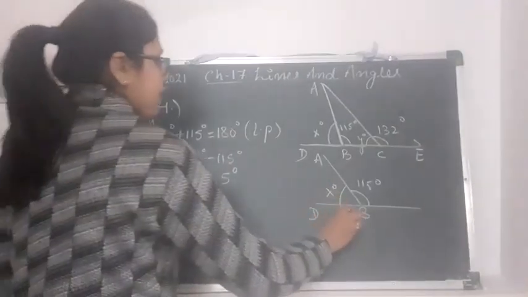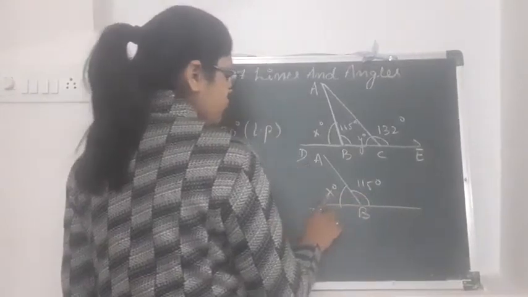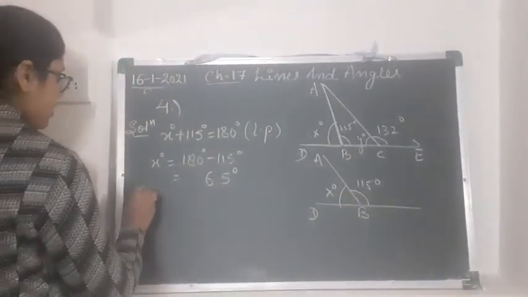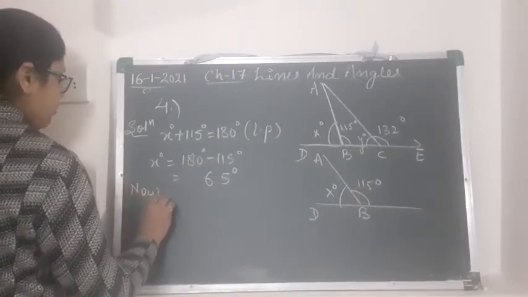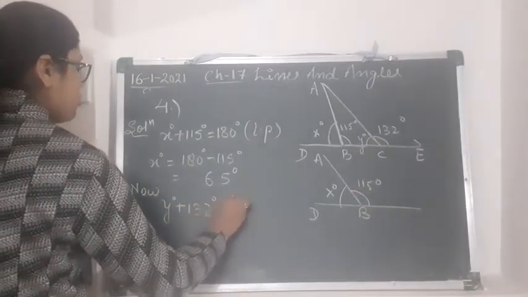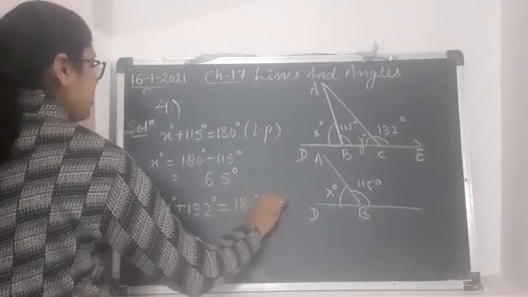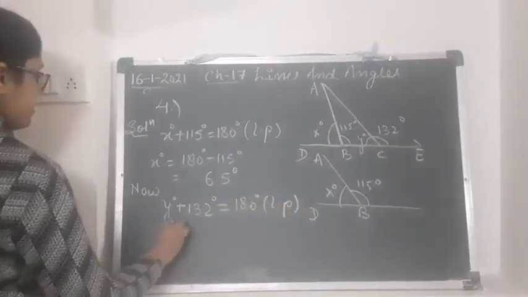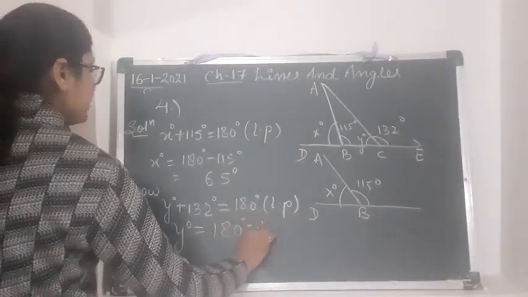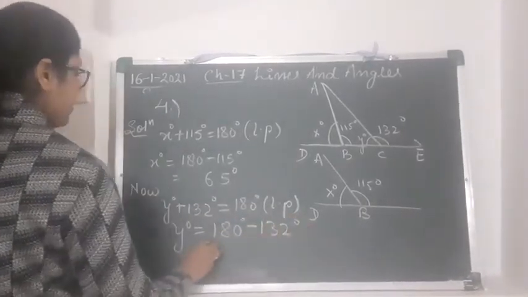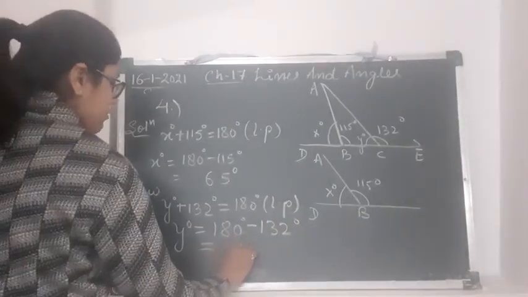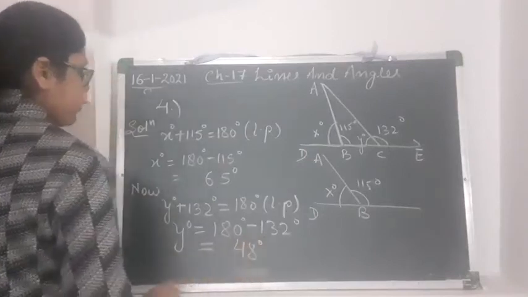Now, if we will again split this, y degrees and 132 degrees both are forming a linear pair. Now, if you will solve, y degrees plus 132 degrees is also equal to 180 degrees. Why? They are forming a linear pair. So y degrees is equal to 180 degrees minus 132 degrees. What will come? This will come as 48 degrees. Okay, 48.